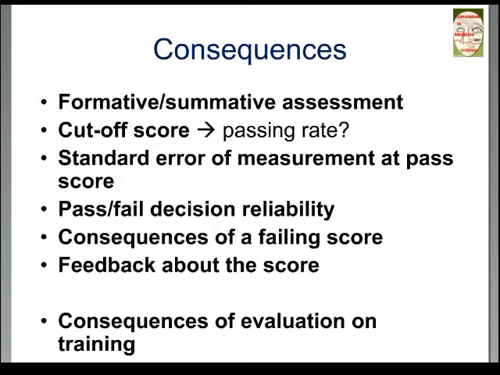Is there a cutoff score? If so, what is the passing rate? What is the standard error of measurement at pass score? What is the reliability between observers of the pass-fail decision? What are the consequences of a failing score? What type of feedback is given after the score? And finally, did evaluation modify training?